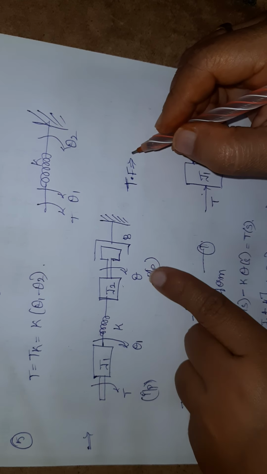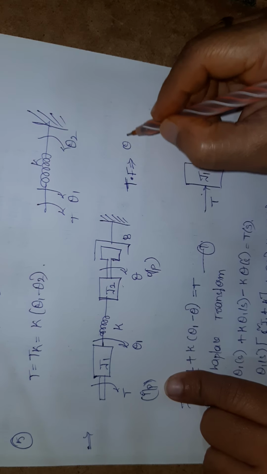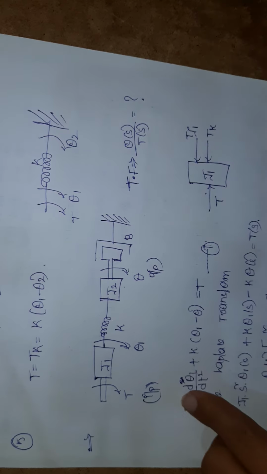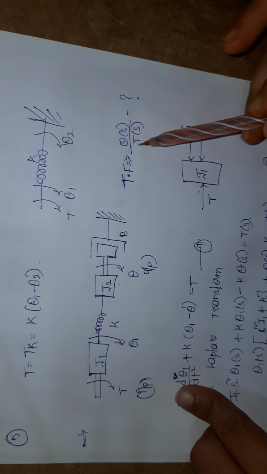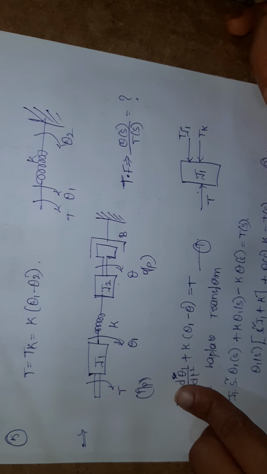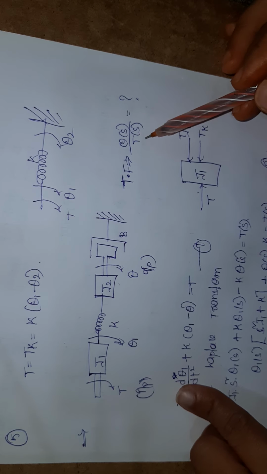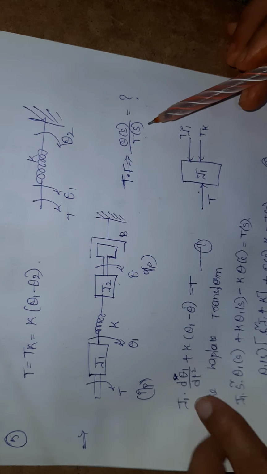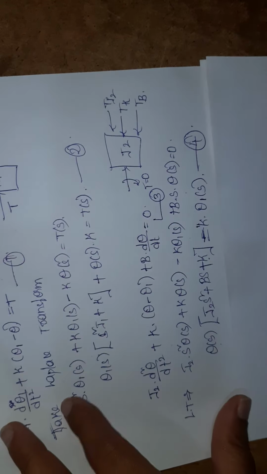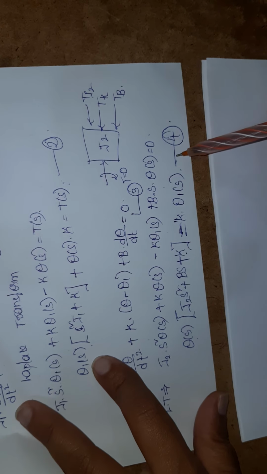Output is theta, input is T. So theta of s by T of s we have to find out. So we have to eliminate theta 1 of s in equations 2 and 4. Then we will get the relationship between theta of s and T of s. To get this relation, you have to take theta 1 of s from equation 2 and substitute in 4.